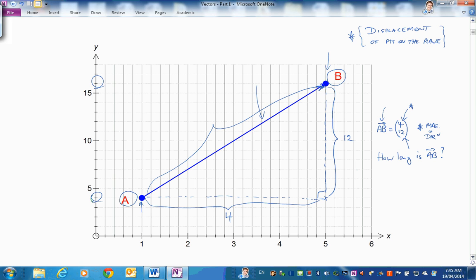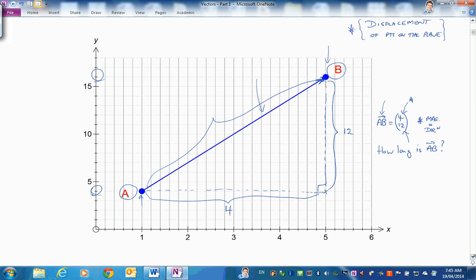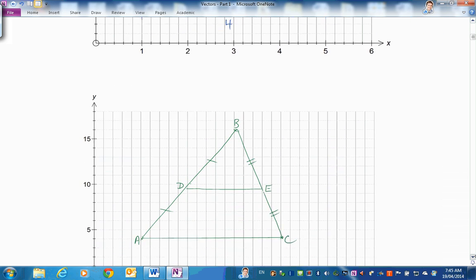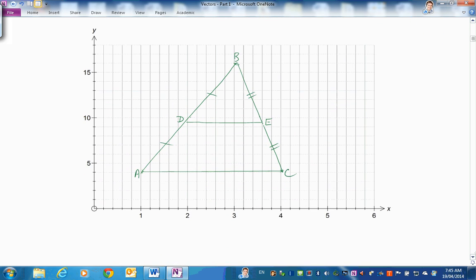All right, I'm going to leave you with that because I want to develop this idea of a different form of geometry as a way of looking at vectors. Does this ring a bell? I think it's something to do with the midpoint theorem in triangles. What does it say? Do you remember?